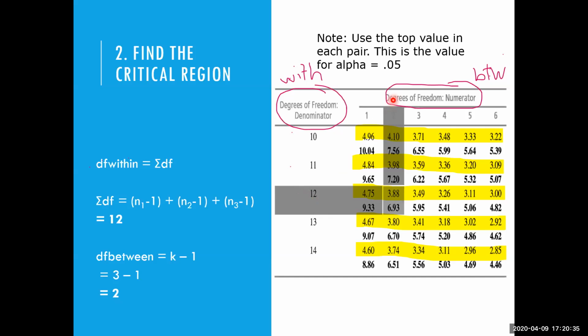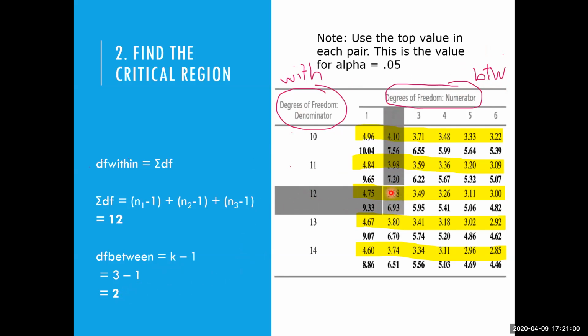For the numerator, I just wrote between up here so that I remember that degrees of freedom numerator is degrees of freedom between. This is why we had to do these calculations first. So degrees of freedom between is 2. We already calculated that. So we're going to find 2, and then we're going to go where they meet.